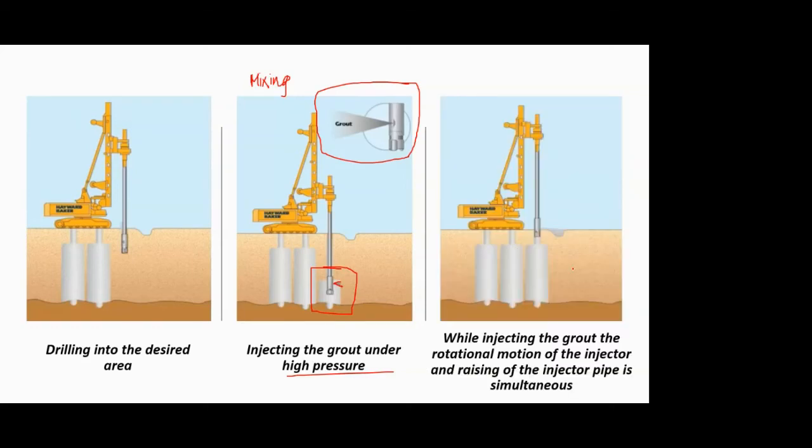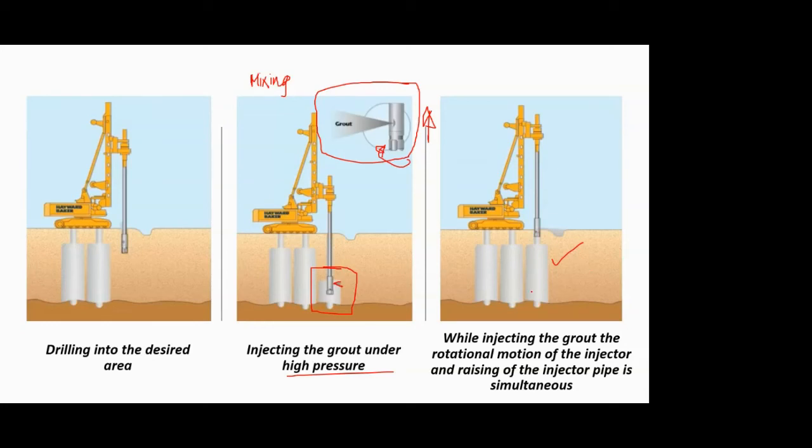Okay. And while injecting the grout, the rotational motion of the injector and the raising of the injector pipe are simultaneous. So that's what I said, this nozzle is rotating, and at the same time you can lift this nozzle up also. Both these movements, rotation as well as lifting, take place simultaneously, and due to that you get such cylindrical columns.